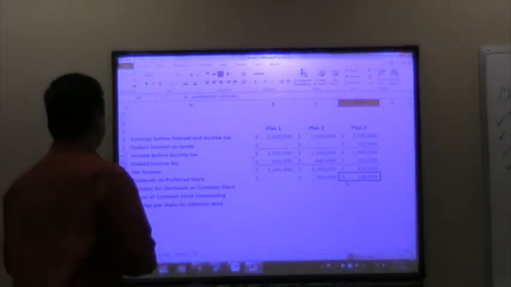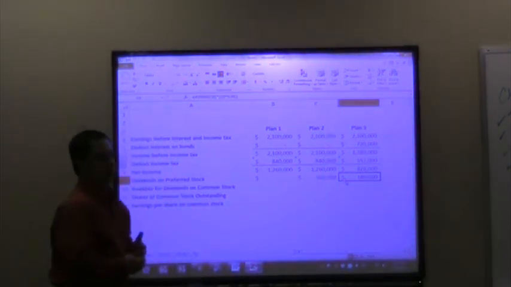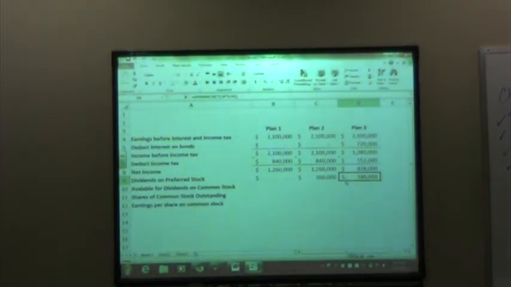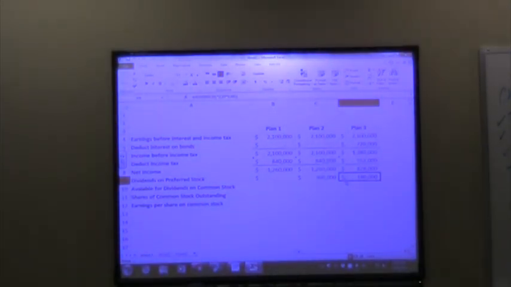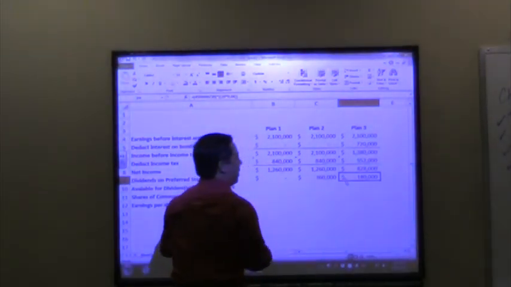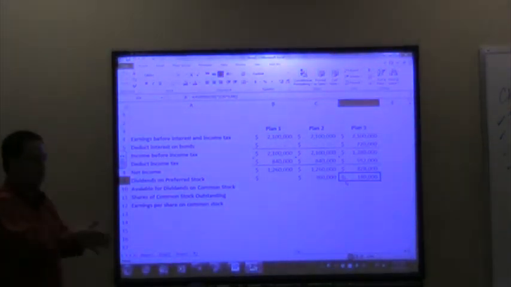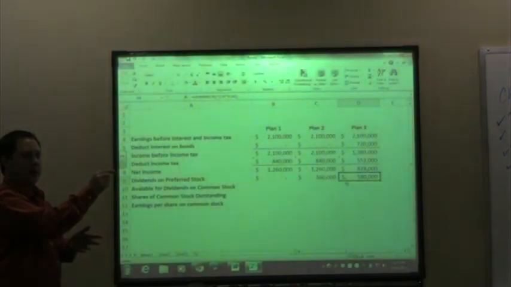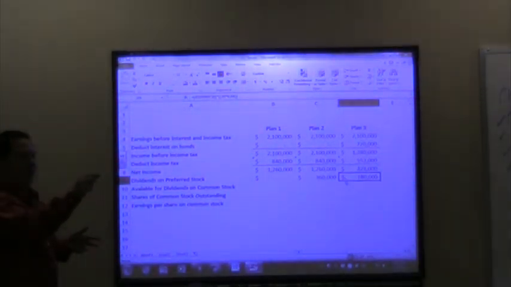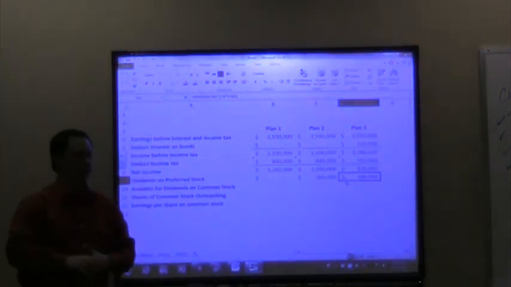And then we're going to multiply that times the actual dividend, the amount of money per share. So we have 180,000 that we are going to pay out in that. Which, if you look at it logically, you see 9 million, half of that is 4.5 million. 360,000, half of that is 180,000, excuse me.